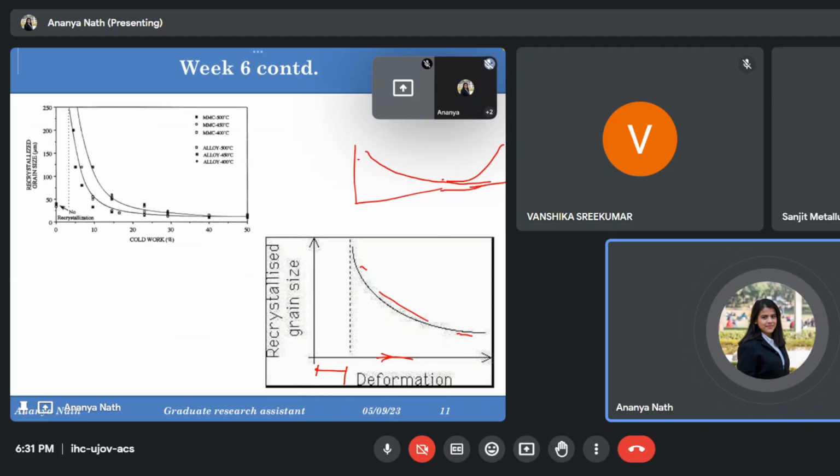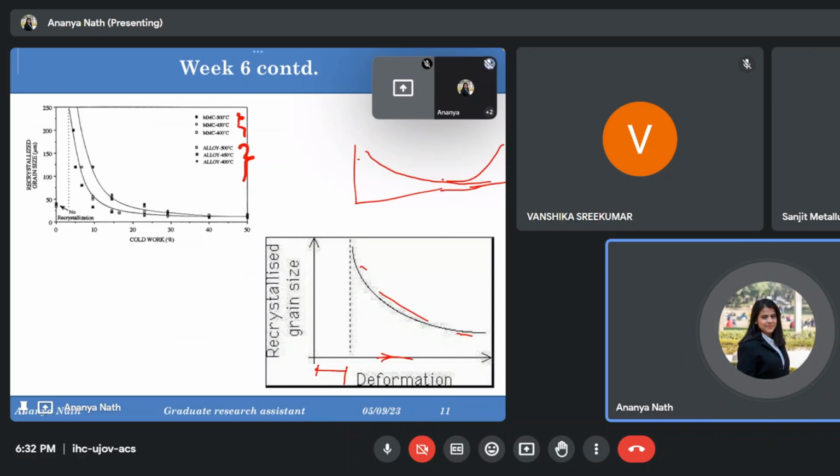The next picture I have is this recrystallized grain size and the amount of cold work, which is similar, but here you may find some different temperatures for different types of alloys and MMCs. Here is the list. For different alloys, we are getting different points.